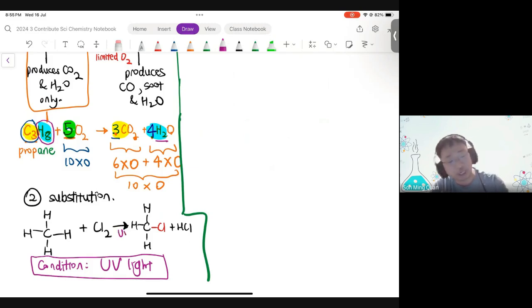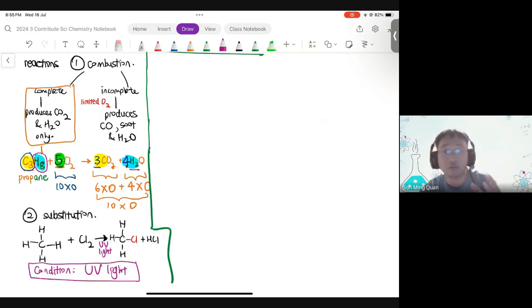Okay, and usually we will write the conditions into the equation below the arrow as well. Okay, so UV light or ultraviolet light is needed for substitution. And that really concludes the 2 reactions of alkanes. Now, we can go to the reactions of alkenes on the right-hand side.